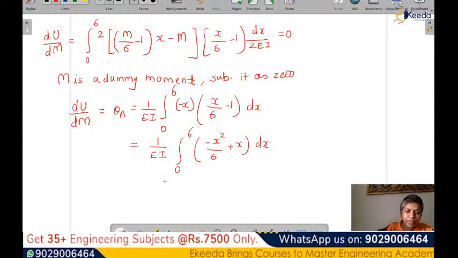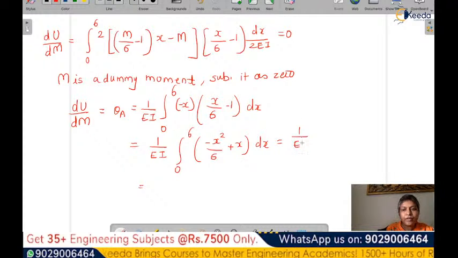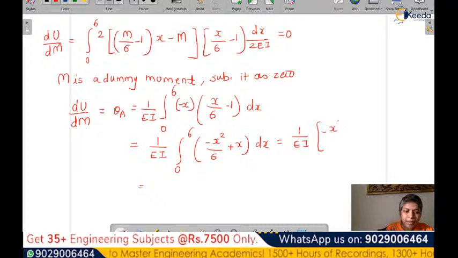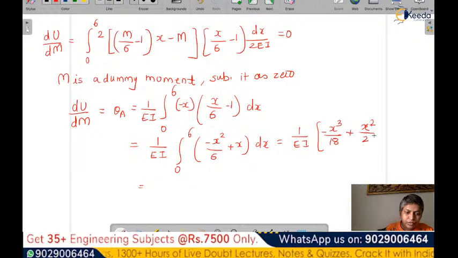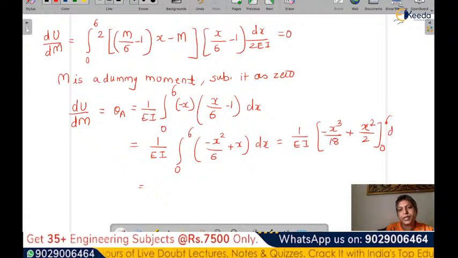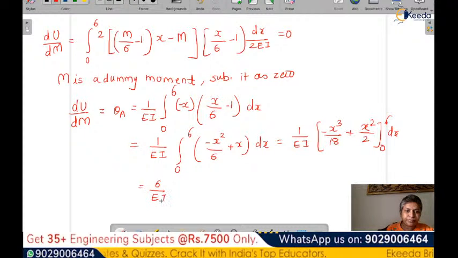When you simplify it, it will further give us 1 by EI (minus x cube by 18 plus x square by 2), 0 to 6. So here you will get the answer as 6 by EI.